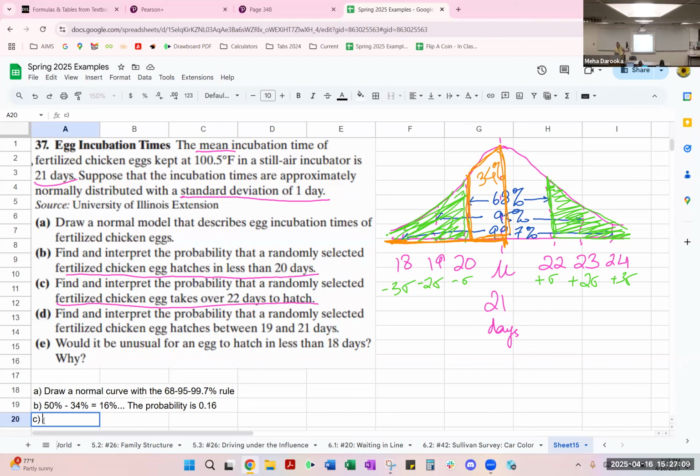You can do the math again if you want, and it's still going to come out the same, because between the mean and that 22, that's one standard deviation above the mean, which tells you this little section is also going to be half of 68, which is 34%. And the right half from the mean till the end is 50%. So same math, 34 subtracted from 50 will give you 16. So even more than 22 days is going to be the same calculation.